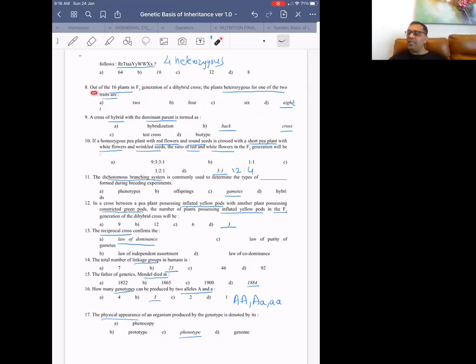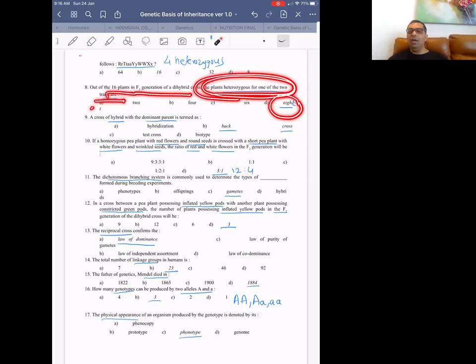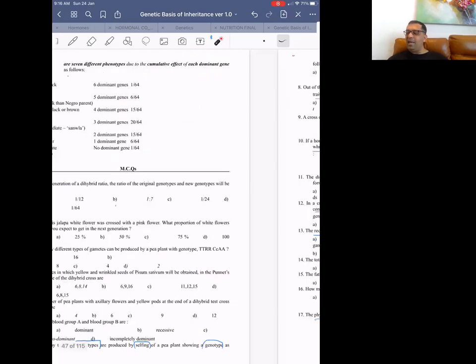Then, out of 16 plants in the F2 generation of a dihybrid cross, the plants heterozygous for one of the two traits are, answer is 8. So it is homozygous for one trait, heterozygous for the other trait. ये हमने अभी अभी किया था.